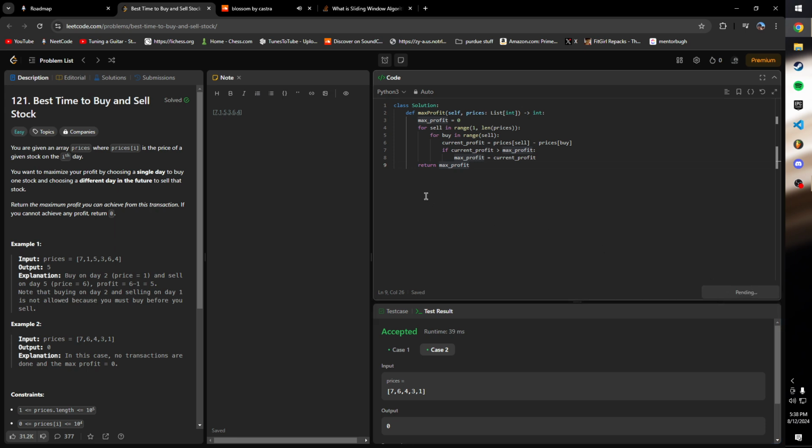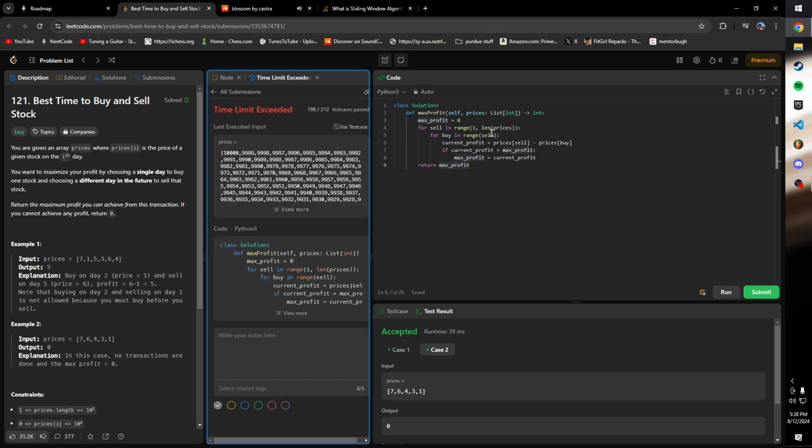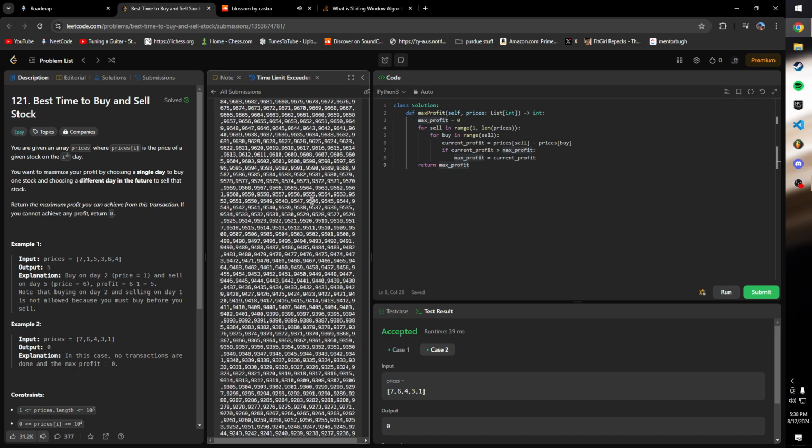Yeah, okay. So this is going to be O of n squared, which is not the optimal runtime. Time limit exceeded.